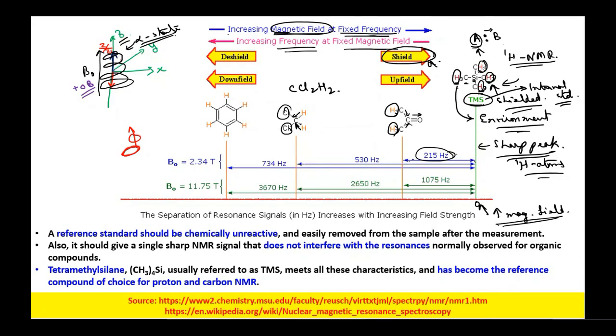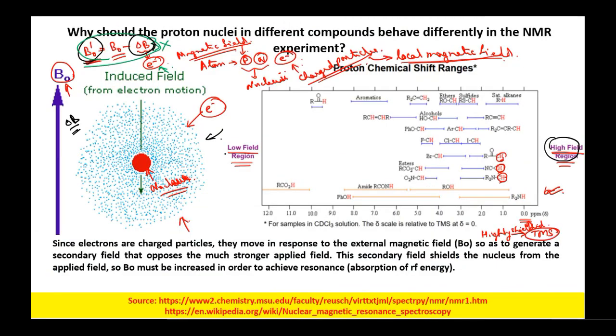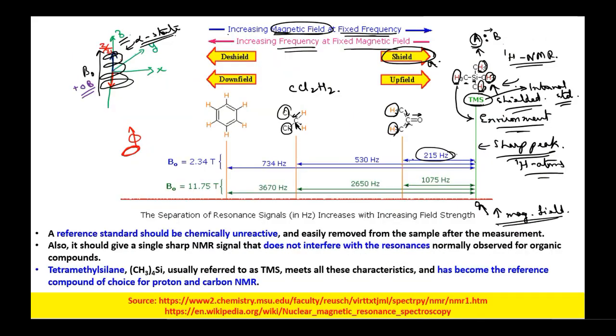That means you are going towards the lower magnetic field region. As you see over here, we are coming to the low field region. That means you need a lower B0 plus delta B to bring the proton atoms to the alpha state.